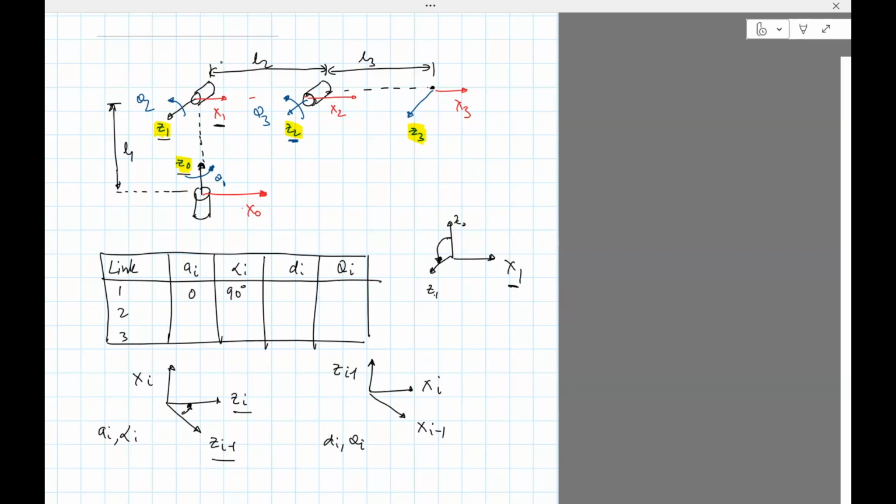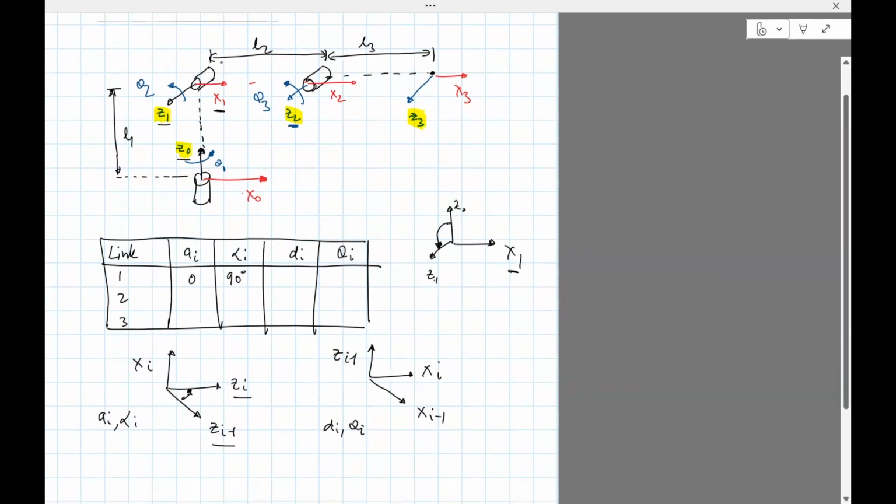Okay, next, the angle between X0 and X1 along Z0. So X0 and X1 along Z1. So the distance between X0 and X1 along Z1 is what?